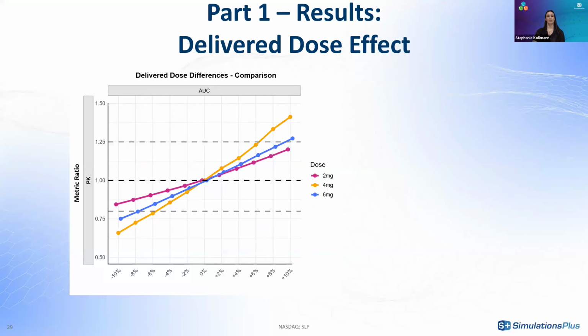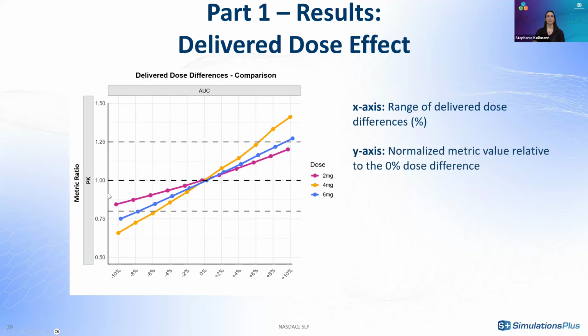Okay, so visualizing the results, we obtain a plot like this. This plot shows how differences in delivered dose affect the AUC across 3 simulated dose levels. On the x-axis, we have the range of delivered dose differences from -10% to +10%.